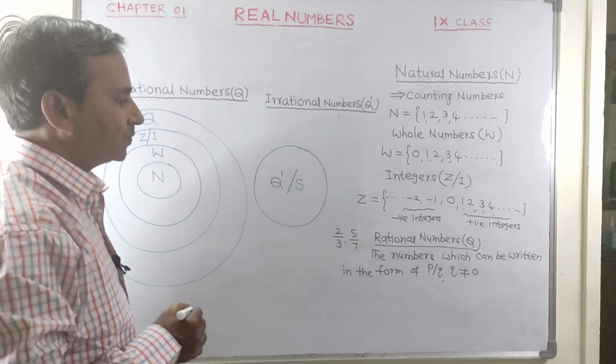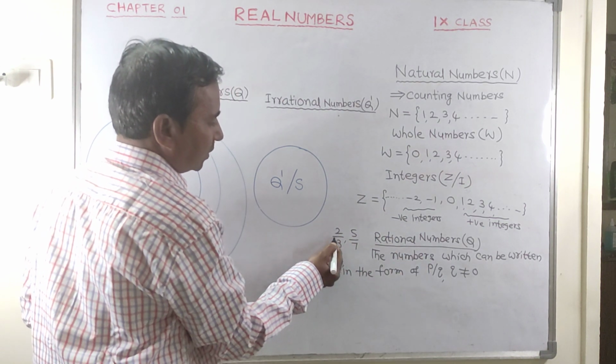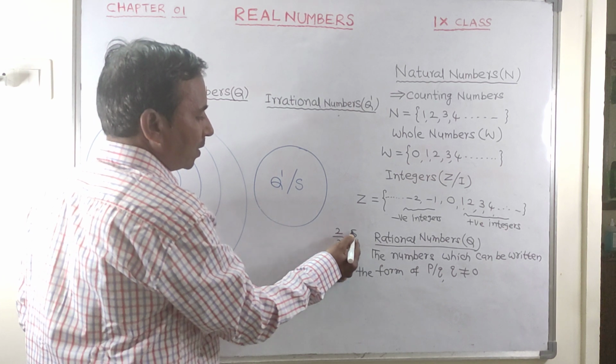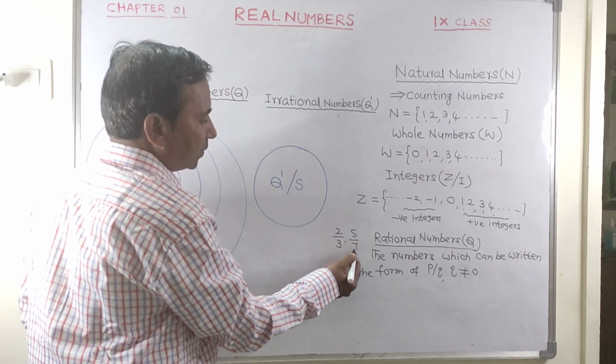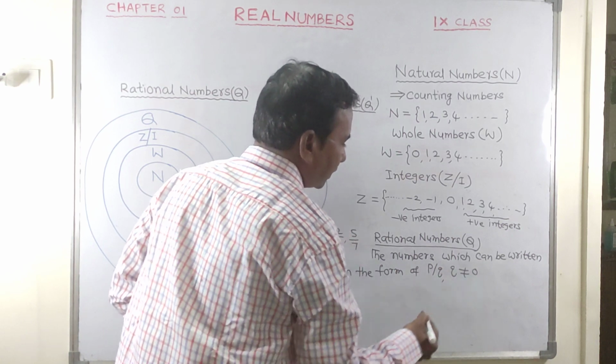Such numbers we call rational numbers. If you take 2 by 3, this is in the form of P by Q. P is 2 and Q is 3. 5 by 7, P is 5 and Q is 7. The only one condition: the denominator should not be 0.